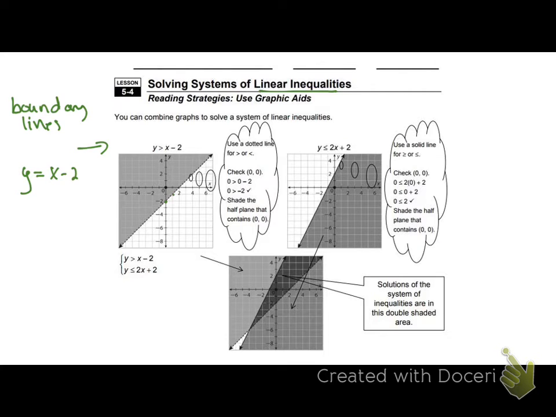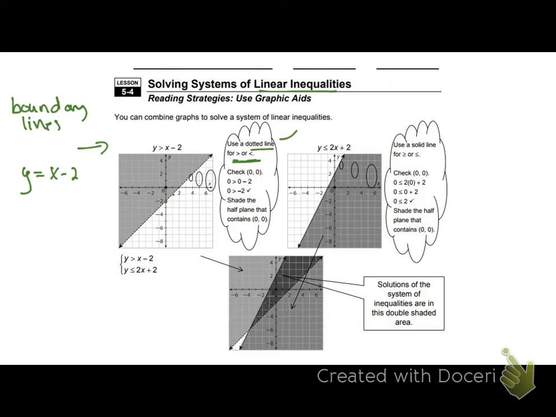Now, coming over here, when we graph that, you notice that they used a dotted line. You use your dotted line when your inequality symbol is a greater than or a less than, right here, those two right here. I would like for you to compare that.